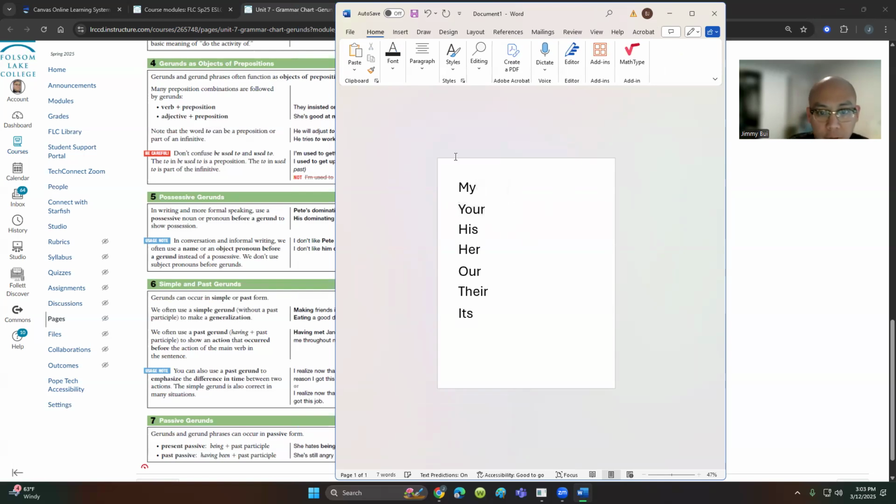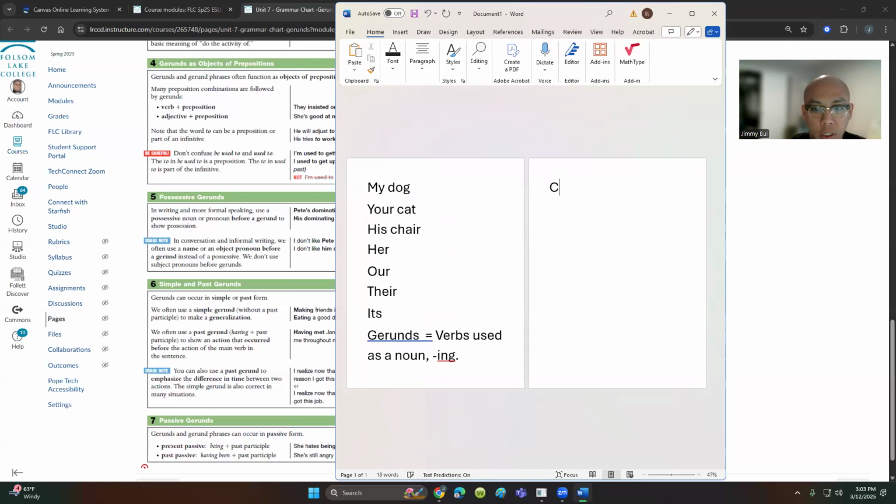Your dog, your cat, his chair. And now, using the same idea and concept, as we know, gerunds are essentially verbs used as a noun, and we do so by adding ing, right? And so cooking is important.